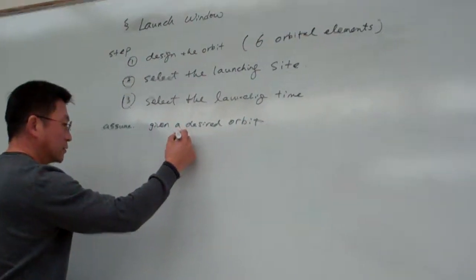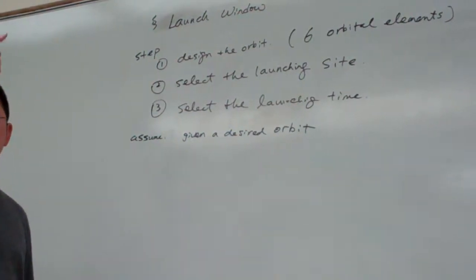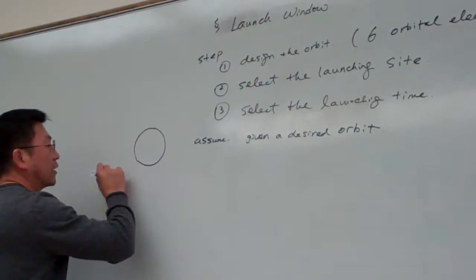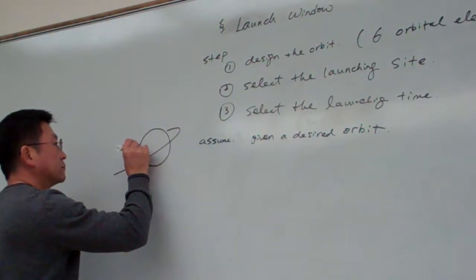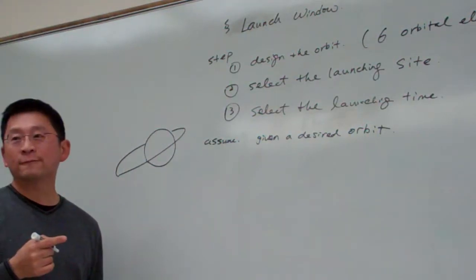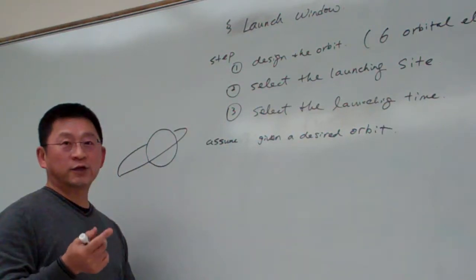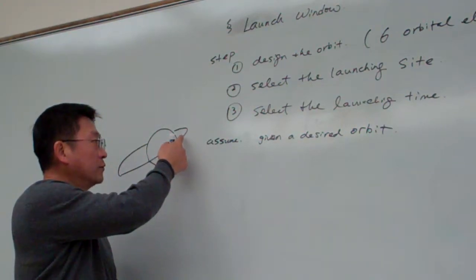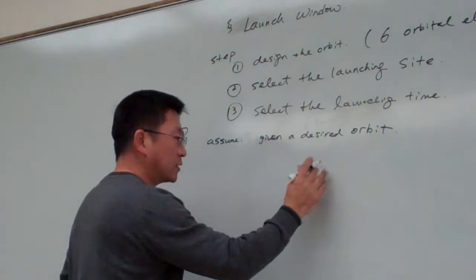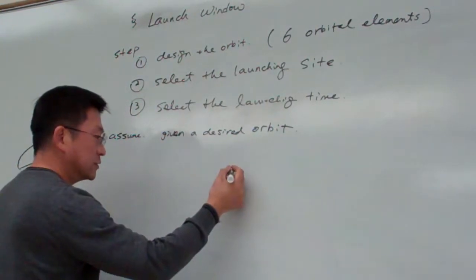Right now, if this is the Earth and this is the orbit, something like this, I'm going to draw the projection of the orbit onto the Earth's surface. That line can be drawn like this. A little bit challenging.